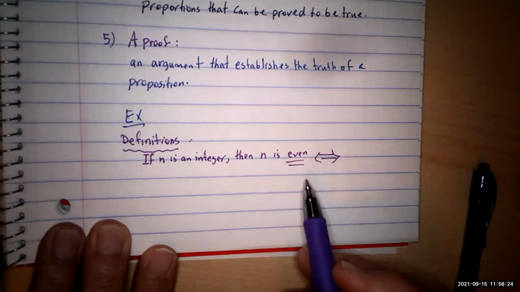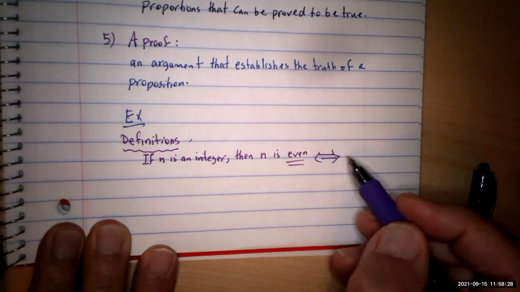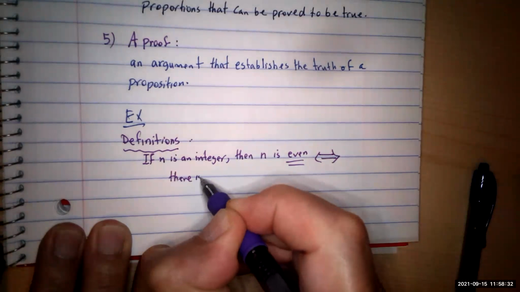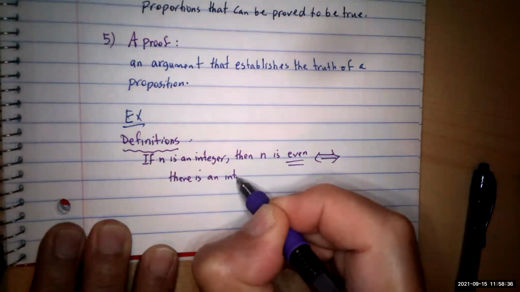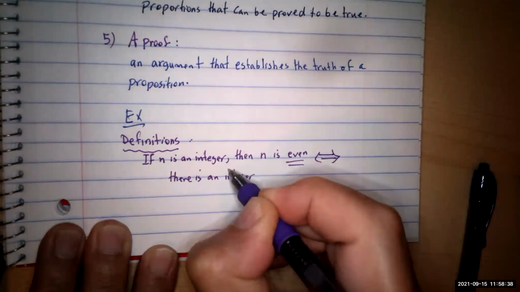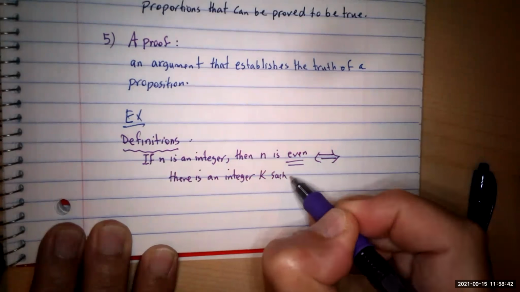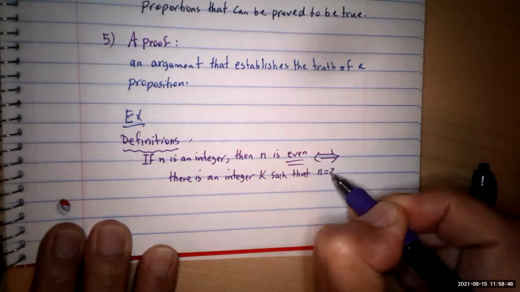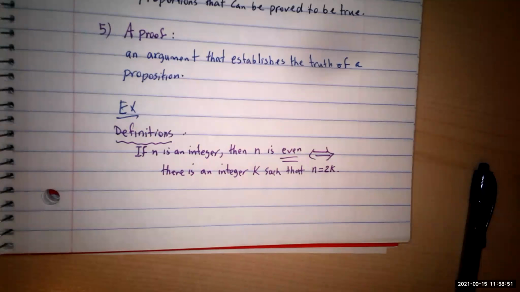We say that n is even if and only if there is an integer k such that n is equal to 2k. That's the definition of an even number in this course.